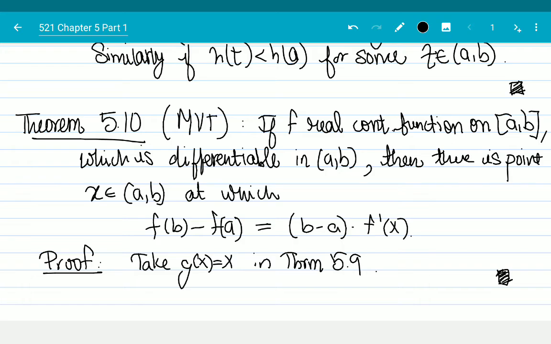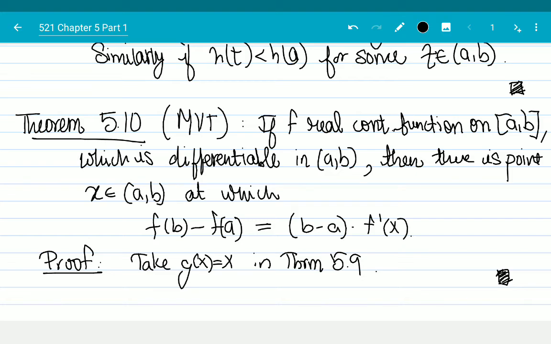Because g prime of x is going to be then 1, so you just get f of b minus f of a times 1 is equal to b minus a, well, g of b minus g of a, which is just b minus a, times f prime of x. Okay?